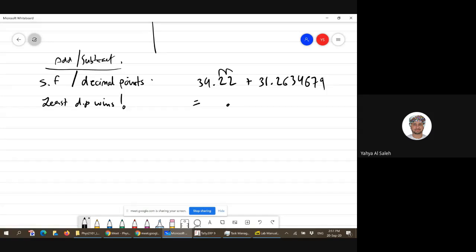So in my calculator, I'm going to put 34.22 plus 31.2634679, and I will get 65.48344679. But what I actually present when I write my answer is, excellent, Nahla, 65.48. I don't write the rest. It's the same if I subtract.